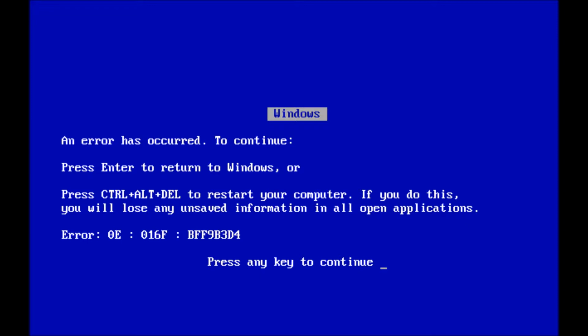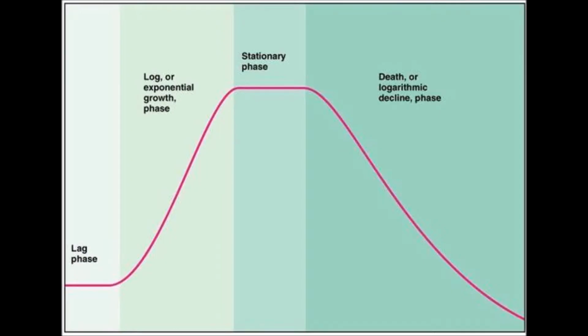Cells lose their ability to divide, and after a few days only a few cells might remain alive for a long period of time. So it goes high, levels across, and then it just falls, and everything dies off.